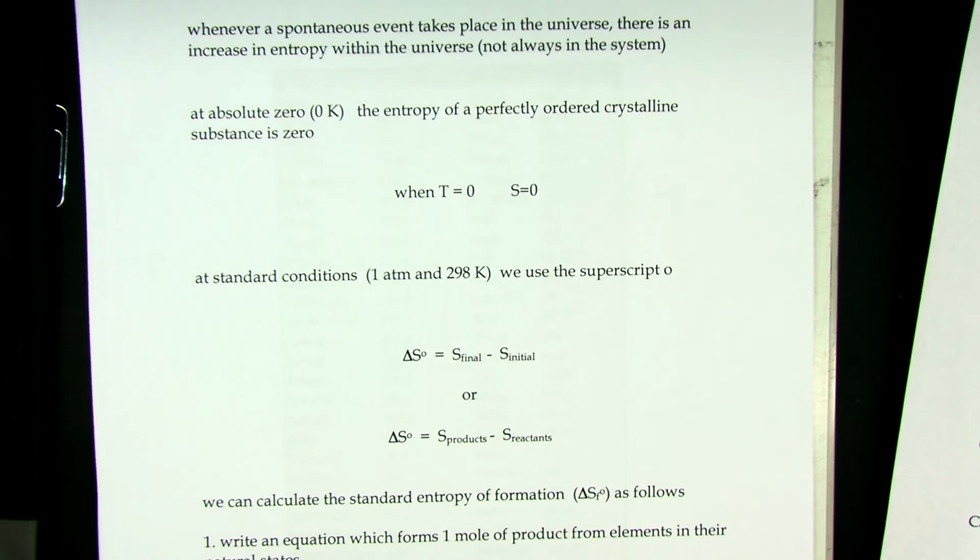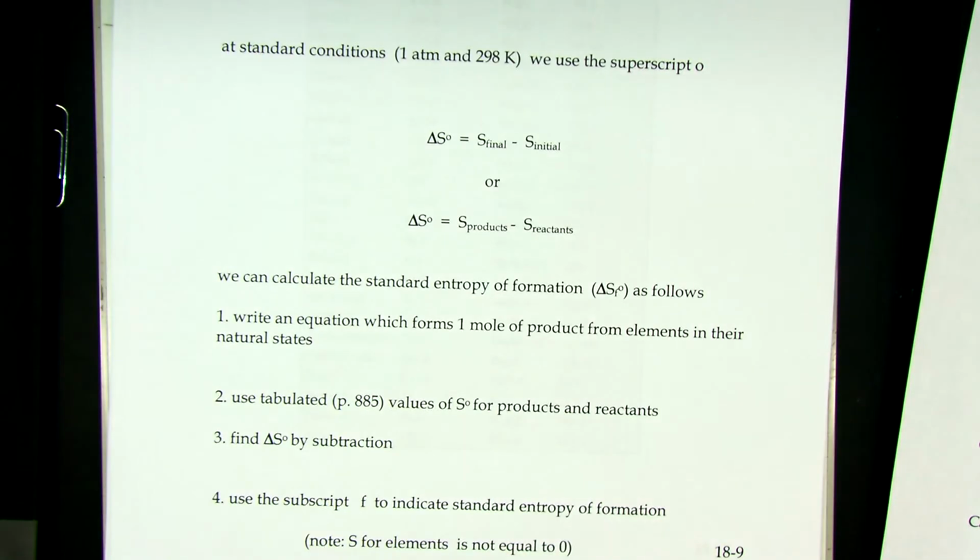And that is where the entropy of a perfectly ordered crystalline system is equal to 0. We say that absolute 0 Kelvin, as low as we can go, is where all molecular motion stops. So if all molecular motion has stopped and we have a perfectly ordered crystal, then we have 0 entropy. There's no chaos or anything. It's quite well organized.